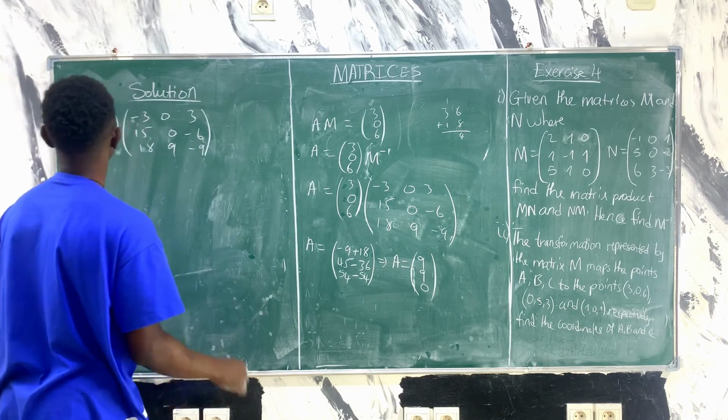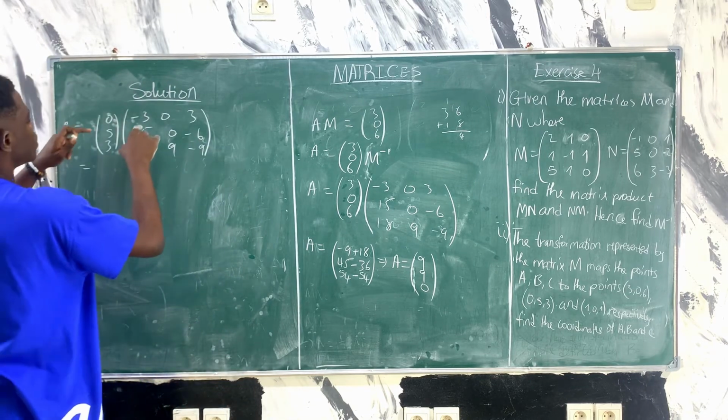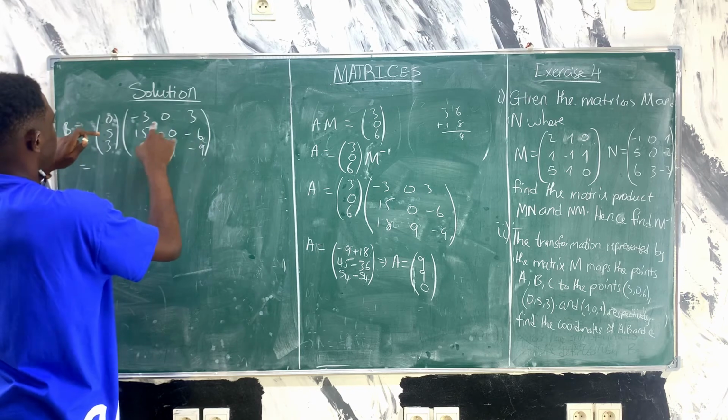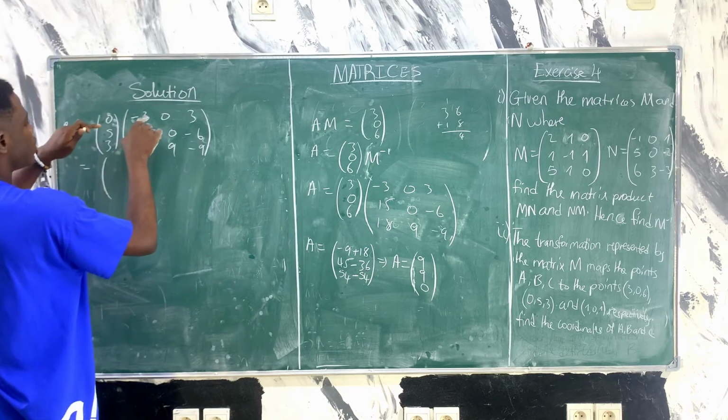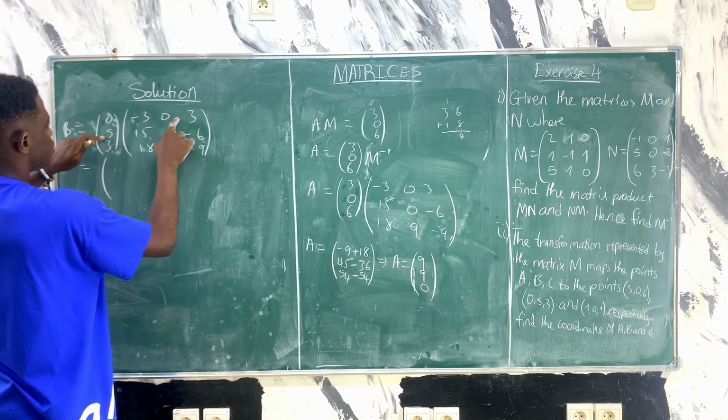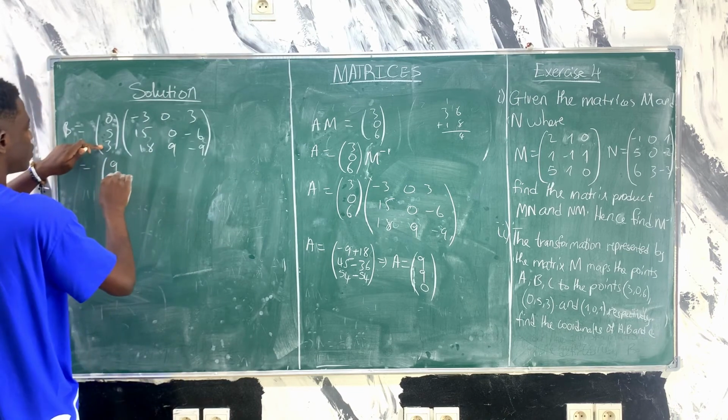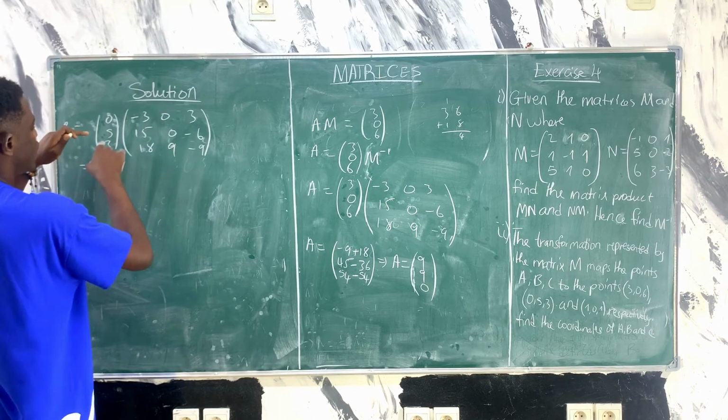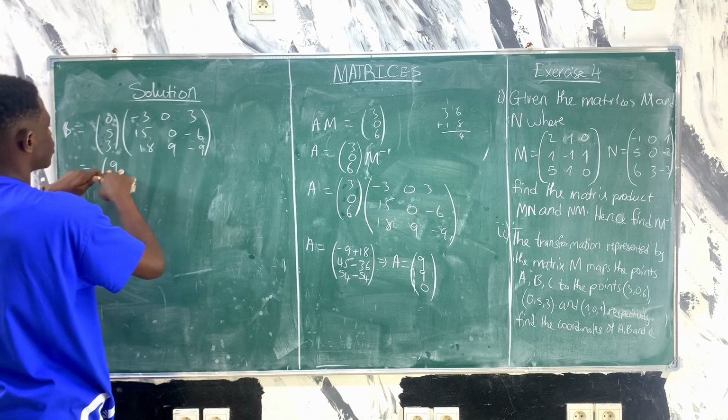So that is equal to this times this times this. Here I'm going to have 0, 0, 9. That is the first column and first row.